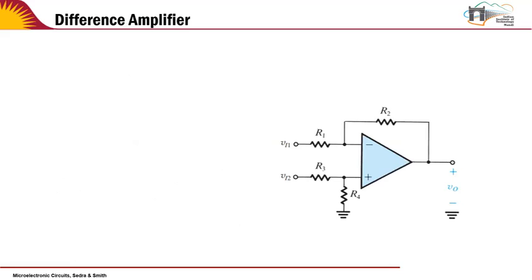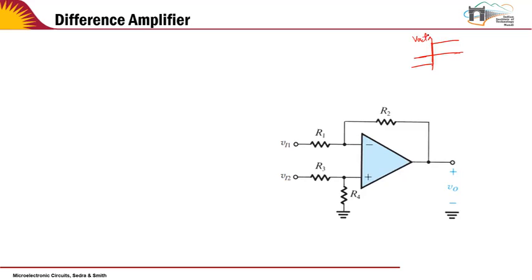So there is similarly the other configuration, which is the difference amplifier. We saw in the case of the comparator that the characteristic looked like this, where this is the ideal comparator. So this is the V out.